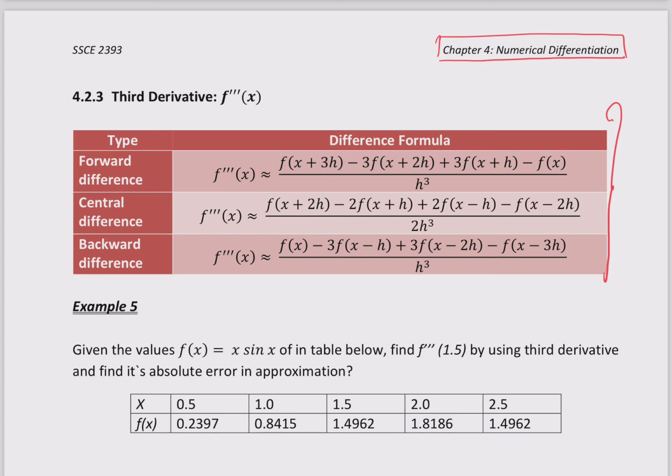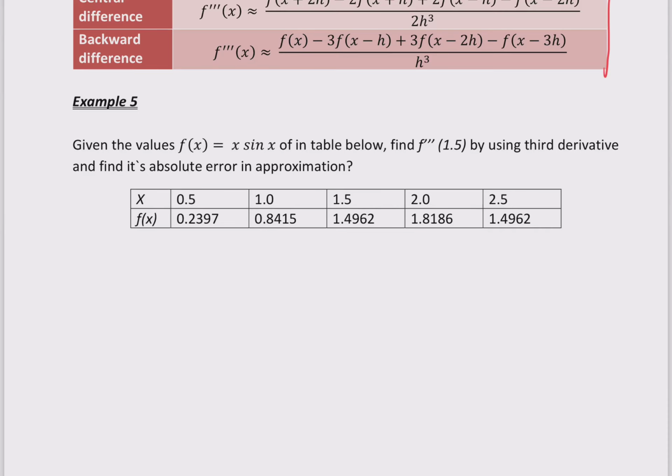But never mind. At least if we give you the formula, the only thing that you need to know is to apply the formula.